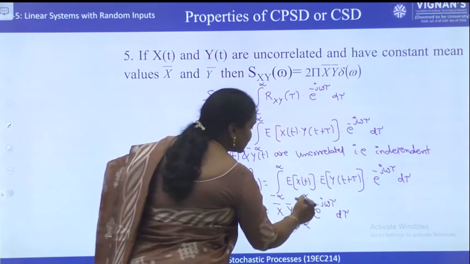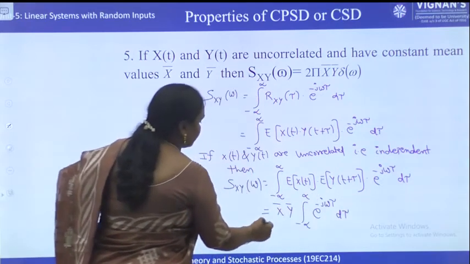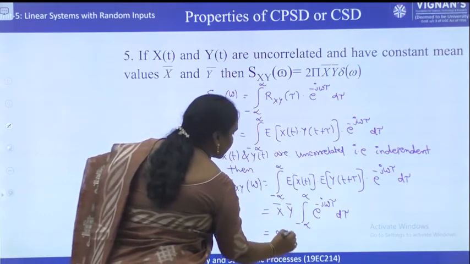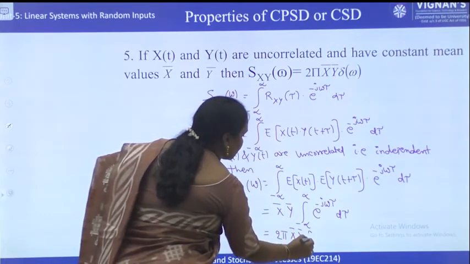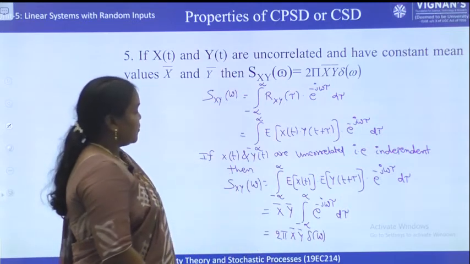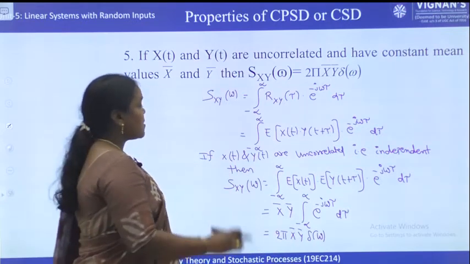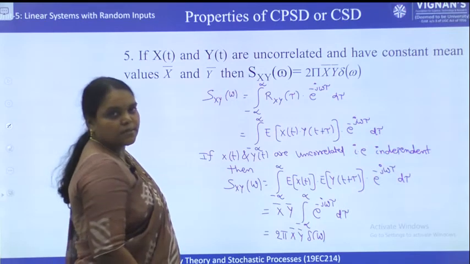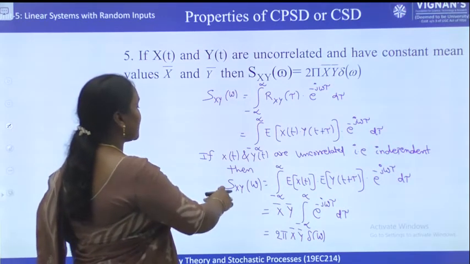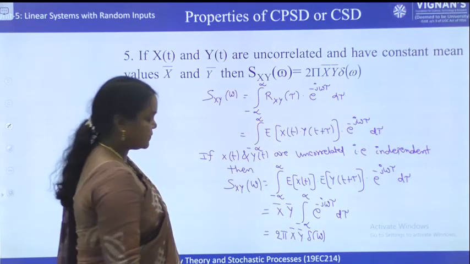This thing is 2 pi into del of omega. So 2 pi x bar y bar del of omega. If x of t and y of t are uncorrelated, this is the result: the cross power spectral density is 2 pi x bar y bar del of omega.